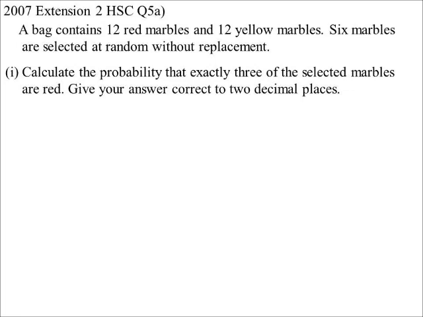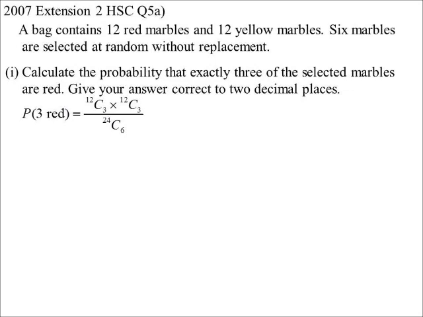Probability 3 are red. It's a combination in this case, because all I'm doing is drawing marbles out and getting a collection of marbles. The actual order that I draw them out doesn't matter. So here's how I've ended up. How did I get it? Well, again, the bottom of the fraction is the total number of possibilities, no restrictions. So from the 24 marbles, we're going to choose 6 of them, so 24C6.